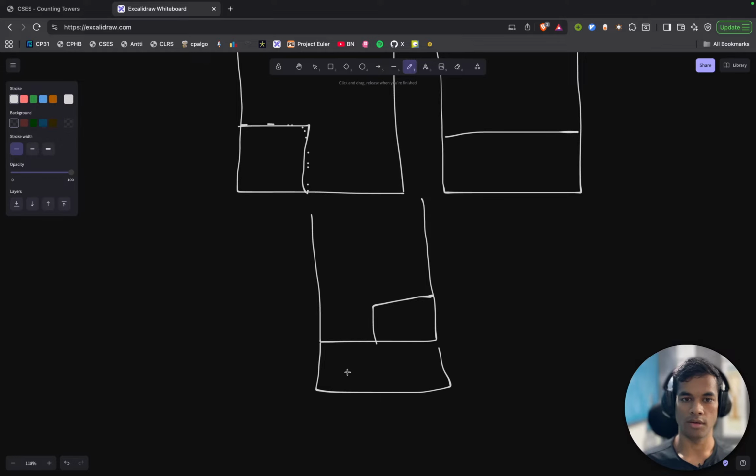If I have a row in which this choice was made, I could have any one of these other rows as the bottom row here, and this is just now an independent instance of this other problem. So whatever choice I make here, I can make any choice on the top.